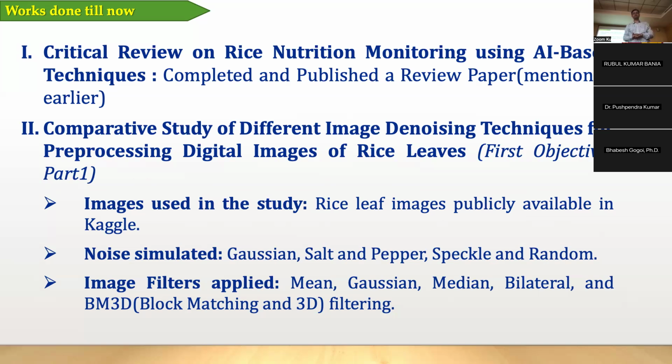It is the first part of objective one, and we used the Kaggle rice leaf images. The noises simulated in our study are Gaussian, salt and pepper, speckle, and random. We used the image filters mean, Gaussian, median, bilateral, and BM3D.